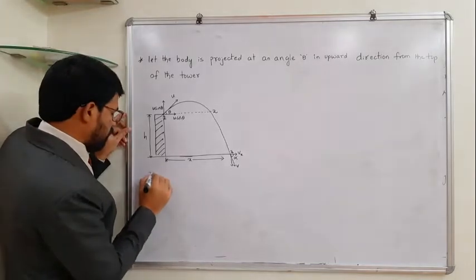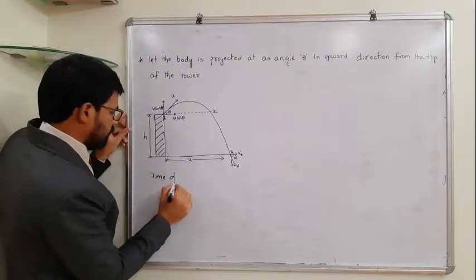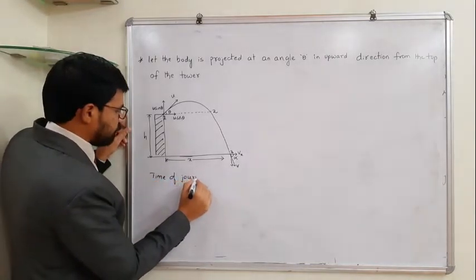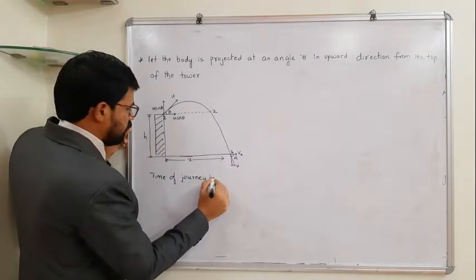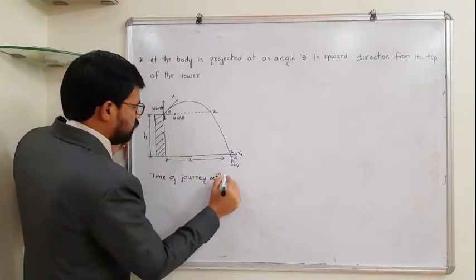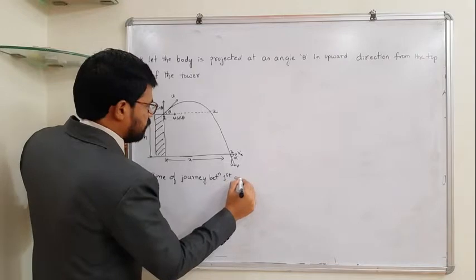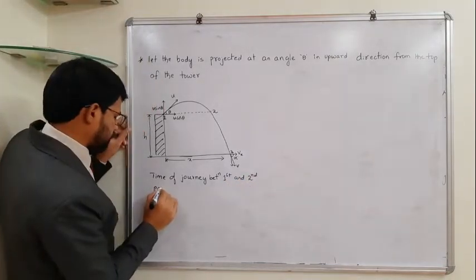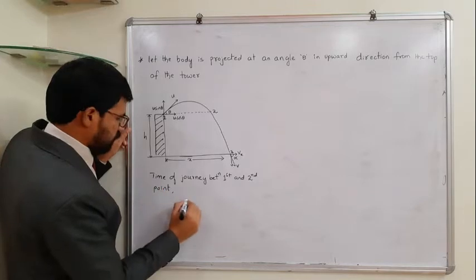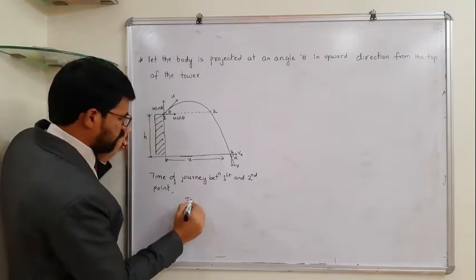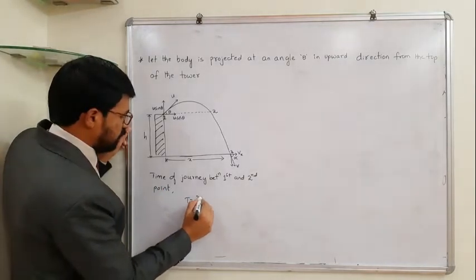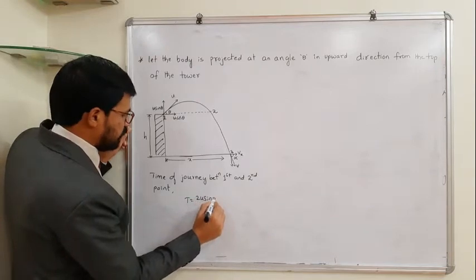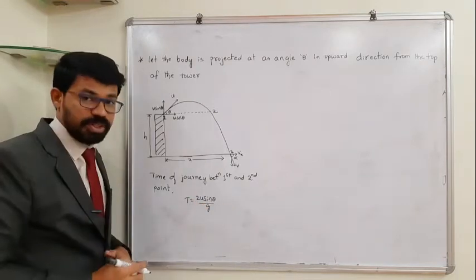Time of journey between first and second point is equal to how much? Is equal to time of flight, which is equal to 2u sin theta by g, corresponding to oblique projectile.